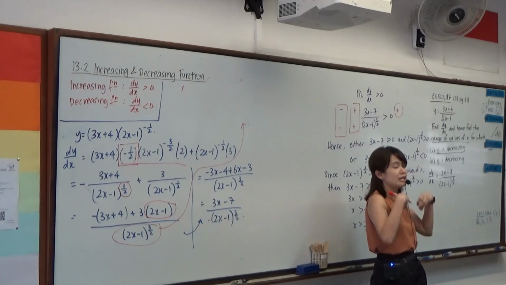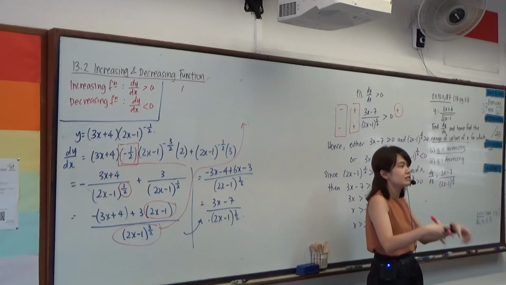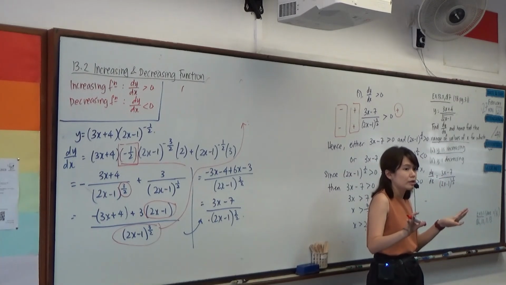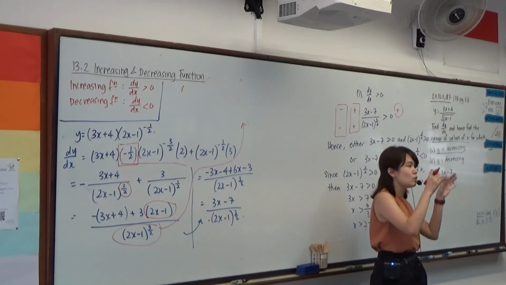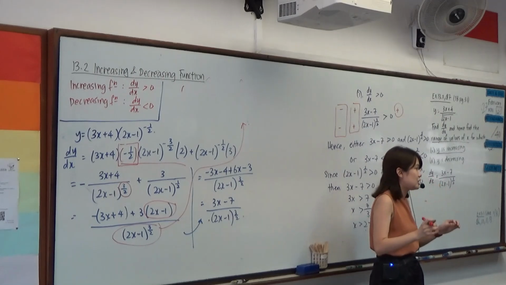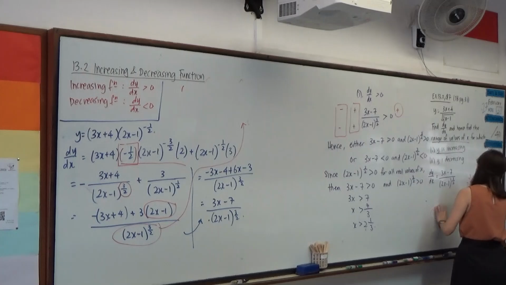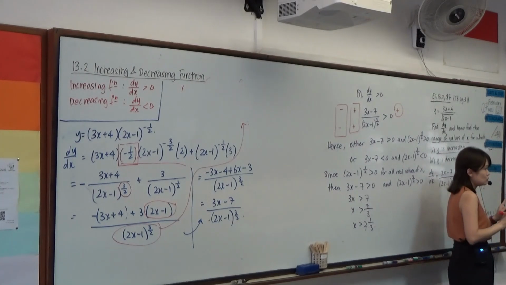The square root that they have given you is the positive square root. They never give you the negative square root at all. Because a power of half is only referring to a positive square root. That's the definition. Whenever you write 2 to the power of half, it only means square root 2.